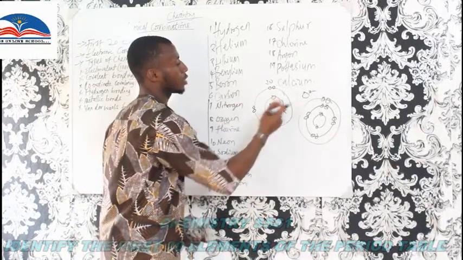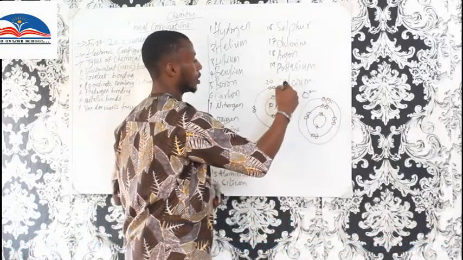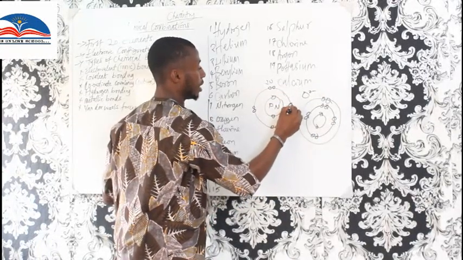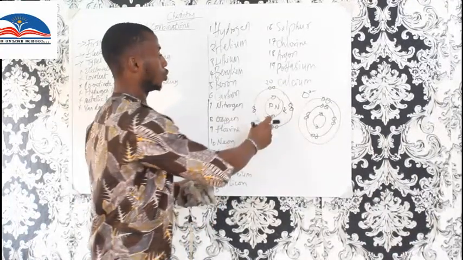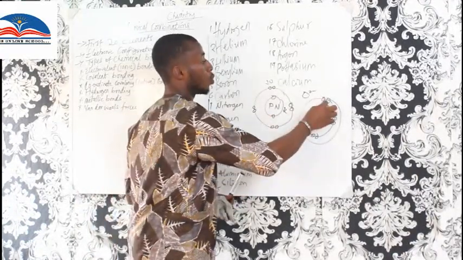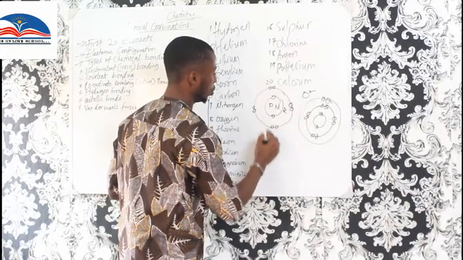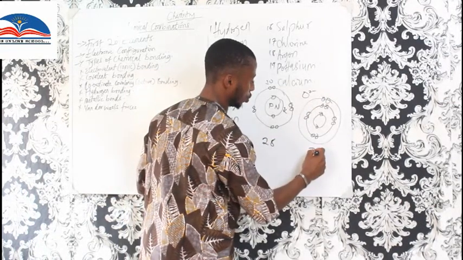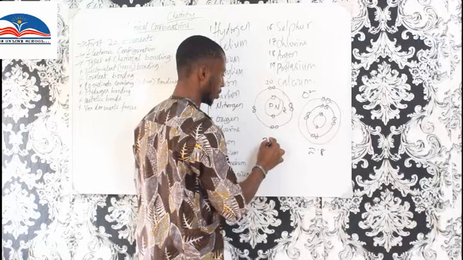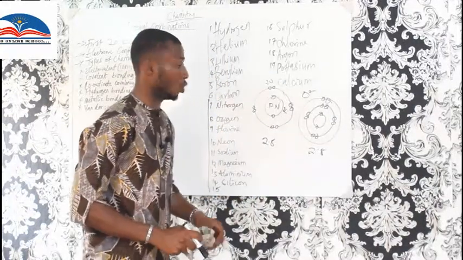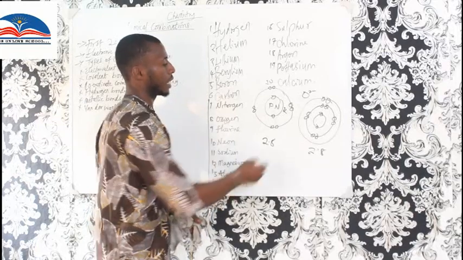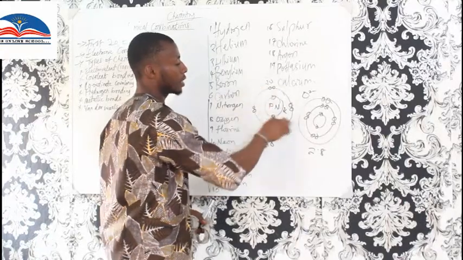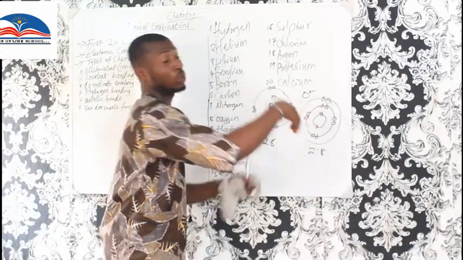Now when oxygen reacts with magnesium, magnesium gives the 2 to oxygen to make it an octet shell, to fill the shell, whereby we have 2 and 8. If you are with me, you understand that magnesium has successfully given 2 electrons to oxygen to complete its shell.